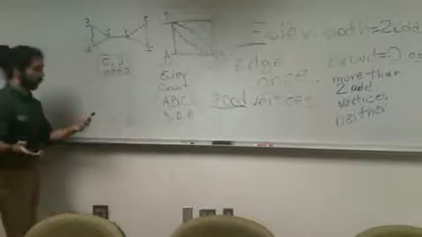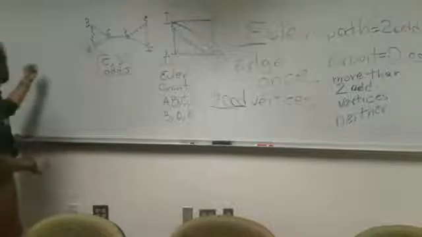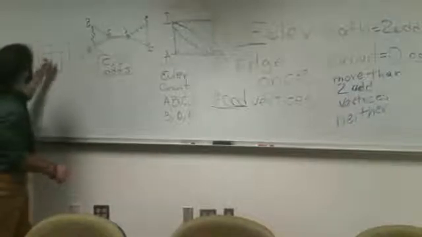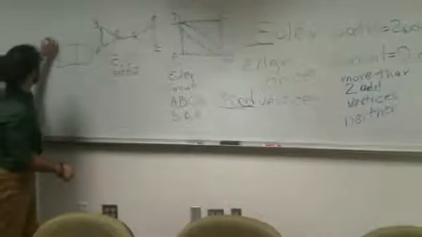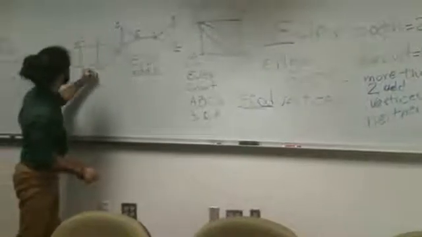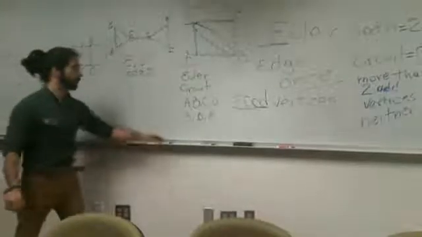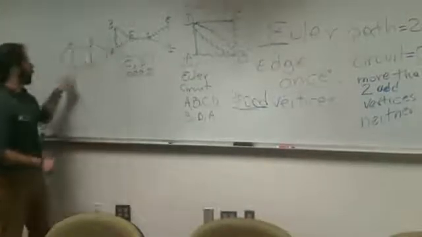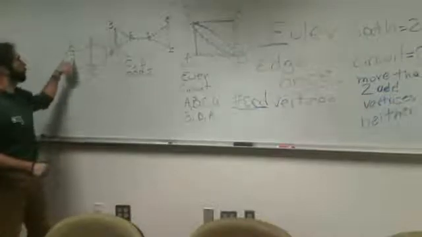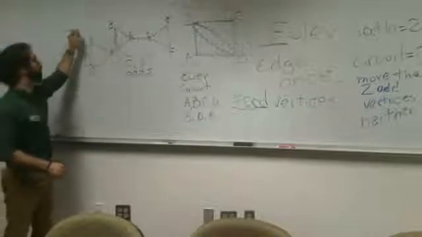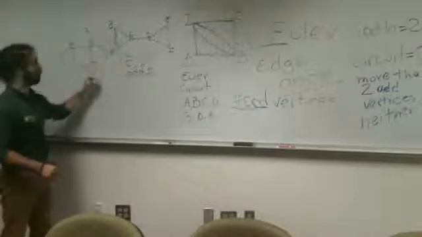And the last example I have for you is this one. Let's count the vertices. A has 1, 2, 3. B has 1, 2, 3. C has 1, 2, 3.